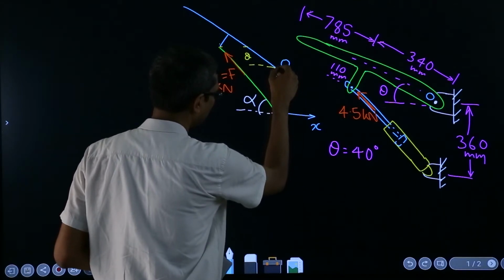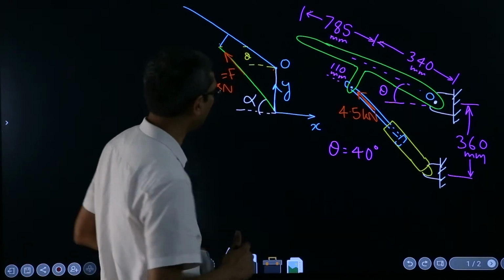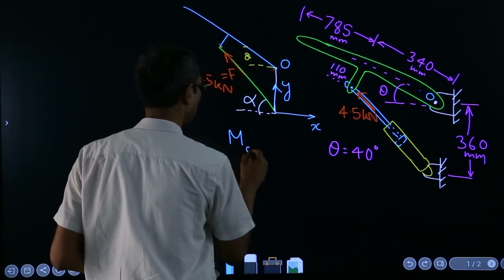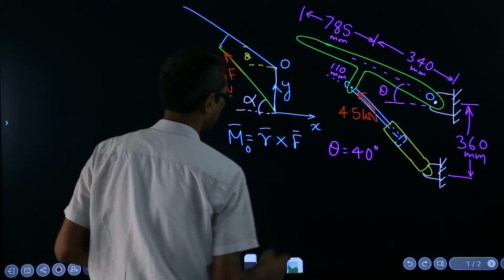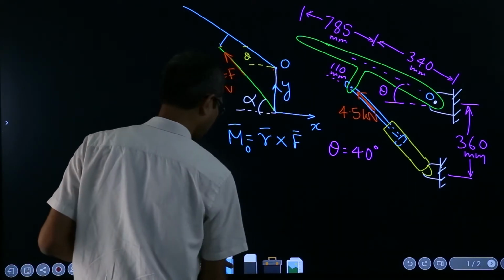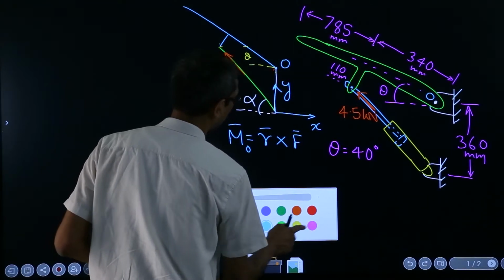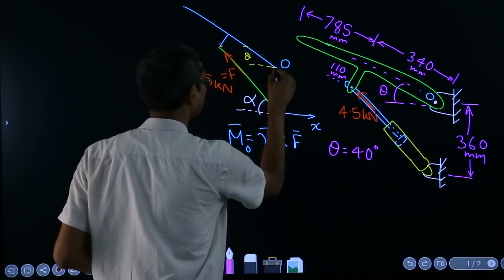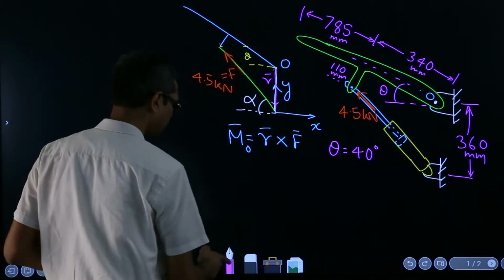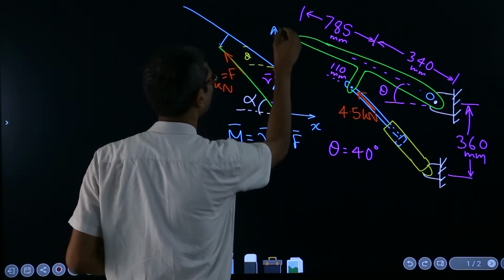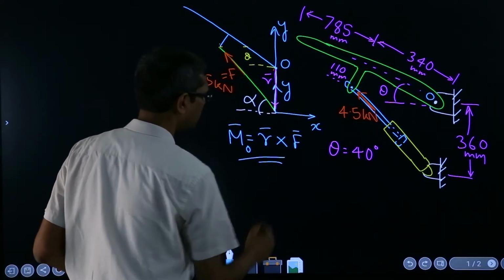Now that means if I call this r vector and this is f, then r cross f would give me the answer, right? So moment about O can be evaluated just by doing this, where r is nothing but this vector. So this vector, if I call r, so the y axis I can take it there. So this is the r vector, r cross with f should be done.